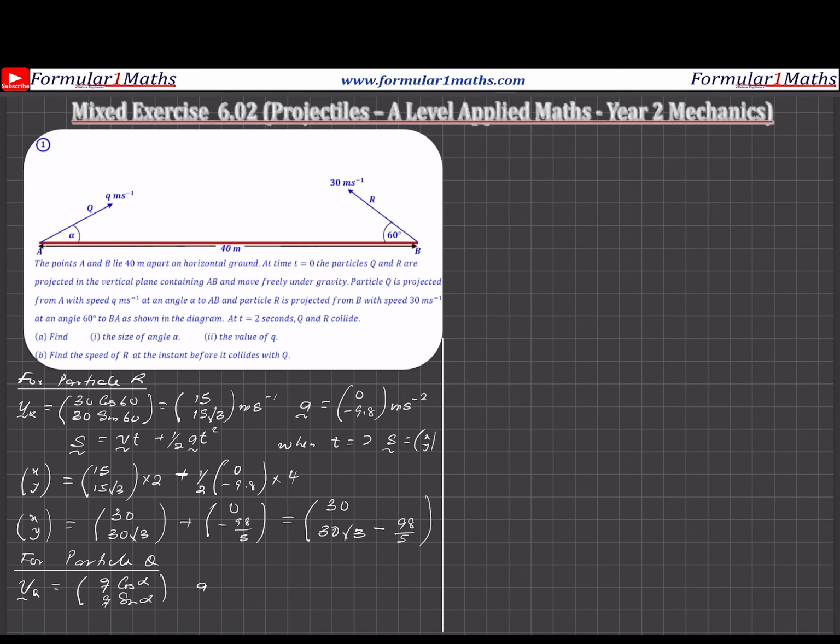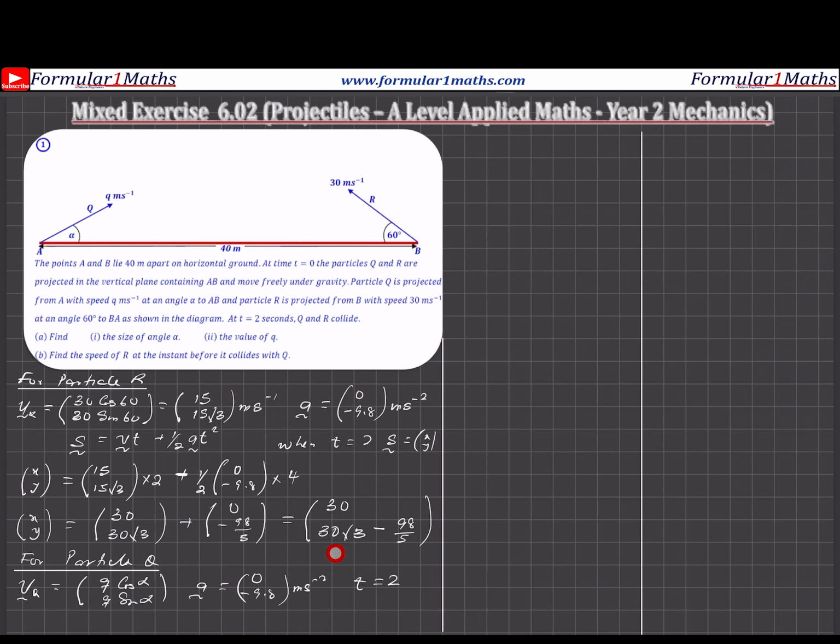Again, our acceleration will be given by 0 and minus 9.8 meters per second squared, just like the first one. And when t equals 2, we have the following equation.